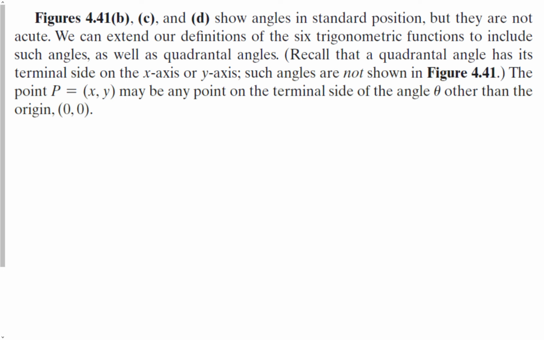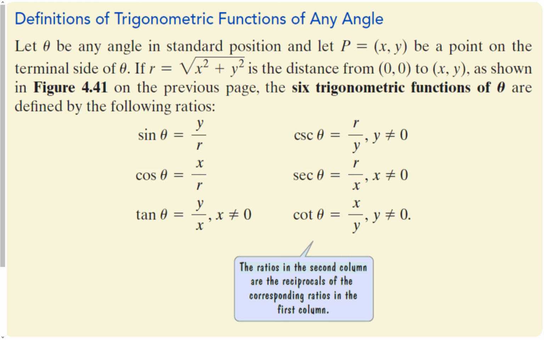The point x, y can be any point on the terminal side of the angle theta other than the origin. We're not going to find the trig function of an angle that has no radius.